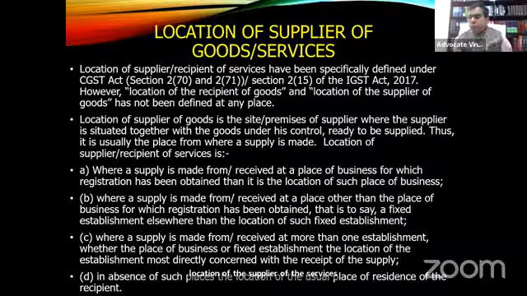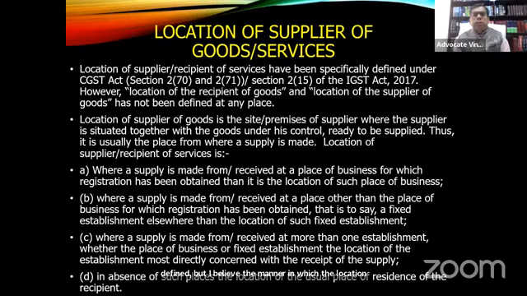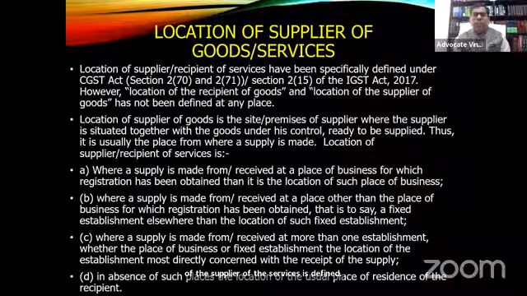Now, I again point out that it is the location of the supplier of the services and the recipient of services which is defined in the law, but the location of the supplier of the goods is not defined. But I believe the manner in which the location of the supplier of the services is defined, there is no harm if we adopt the same meaning for the supplier of services or goods also.